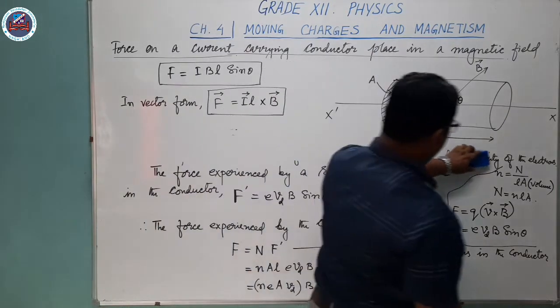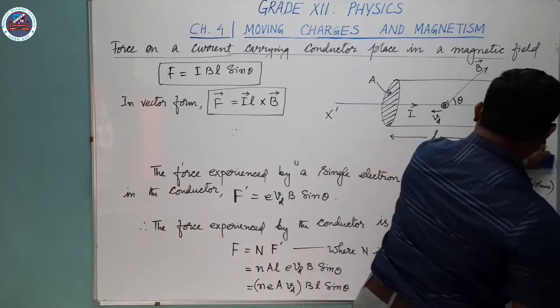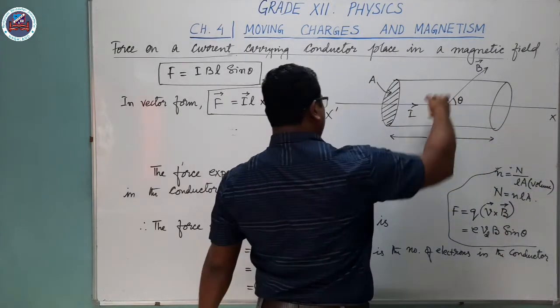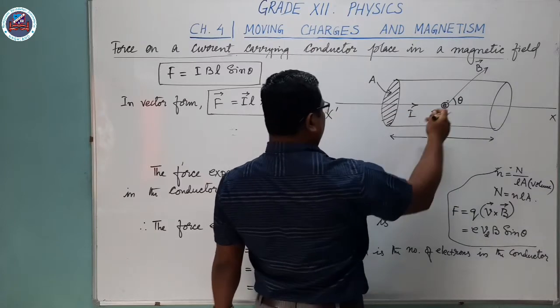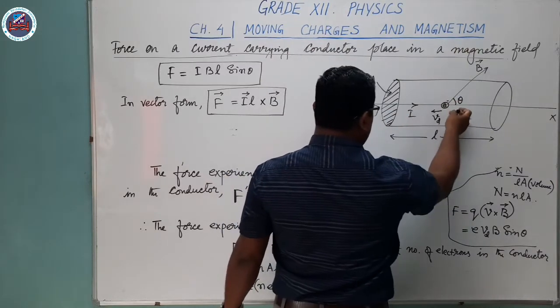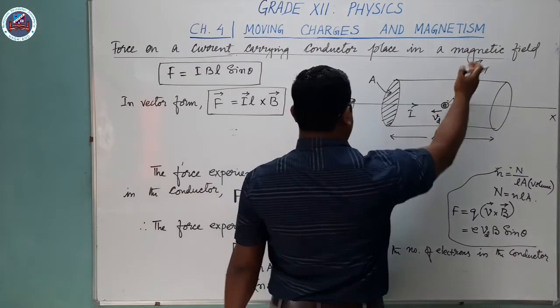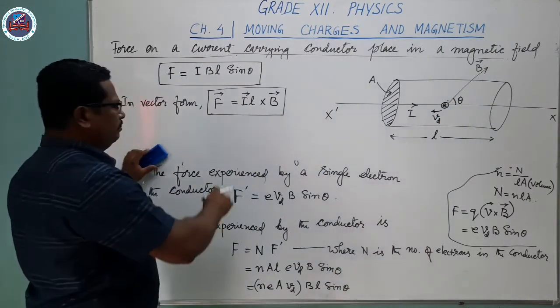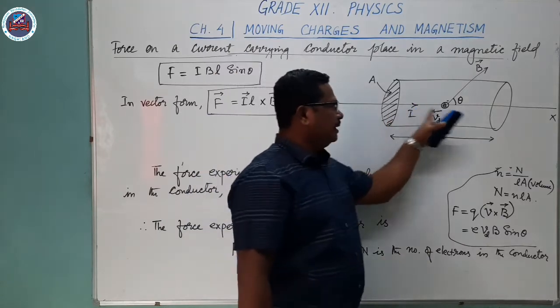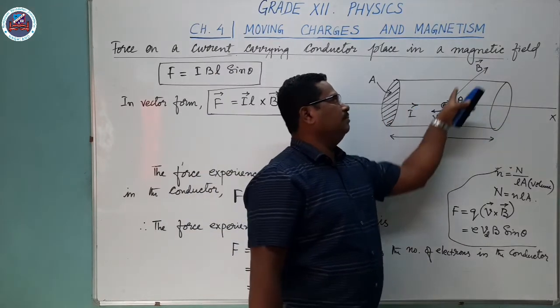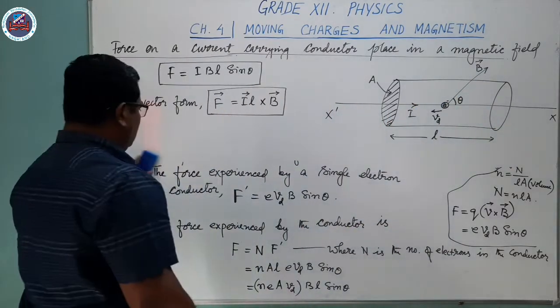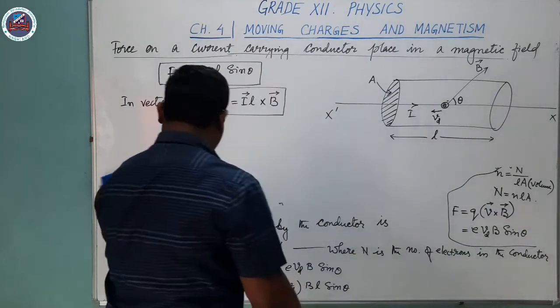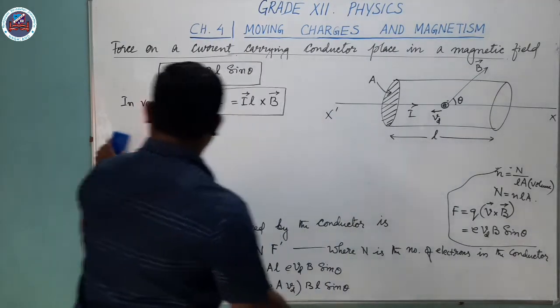Now, special cases will arise here depending upon the angle at which the current and the magnetic field, or we can say the velocity and the magnetic field, are making the angle. It's basically not the velocity, it is the current, the direction of current and magnetic field. Let us see some special cases.